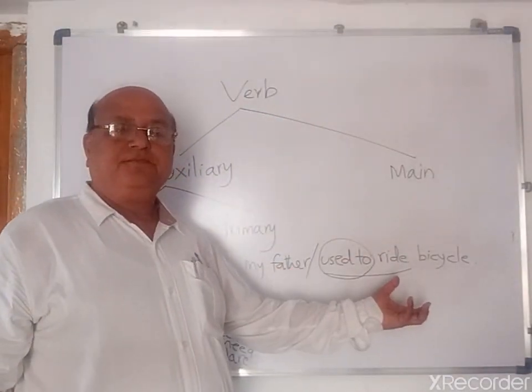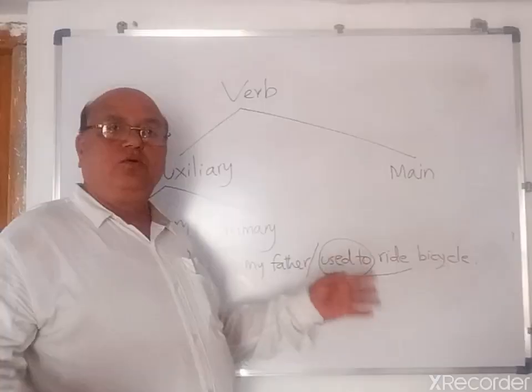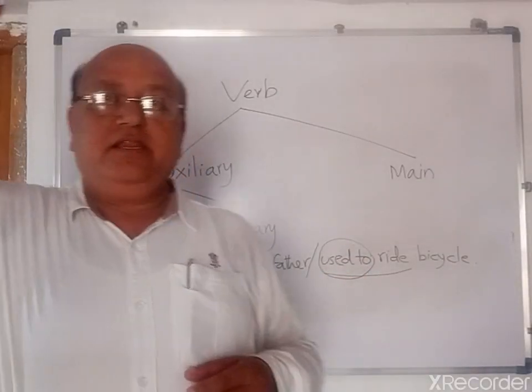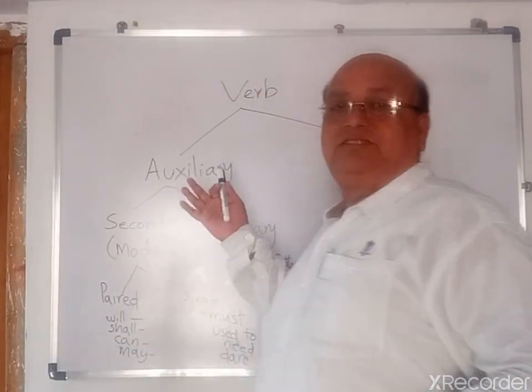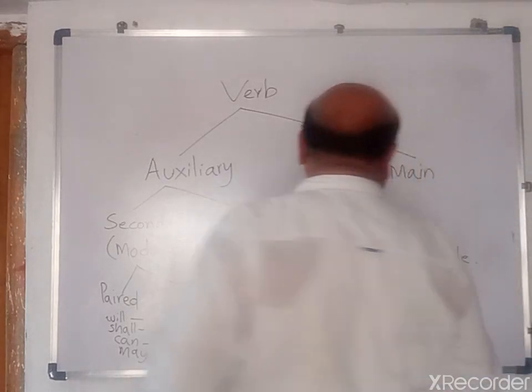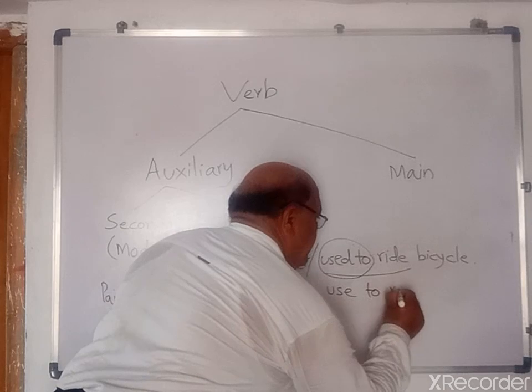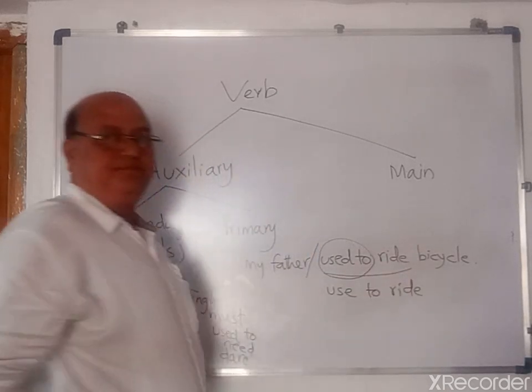What do we do actually? Change the tense. We know ed, from our earlier chapter, is the past tense marker. We change tense. My father used to ride bicycle.